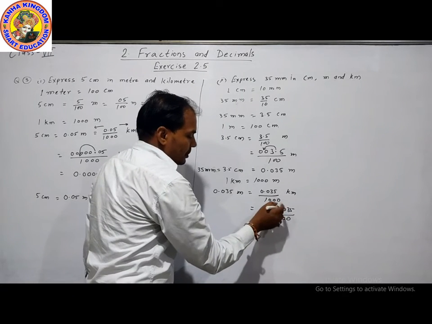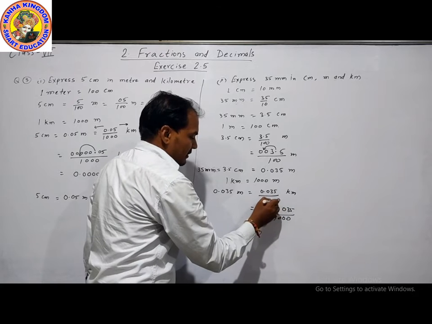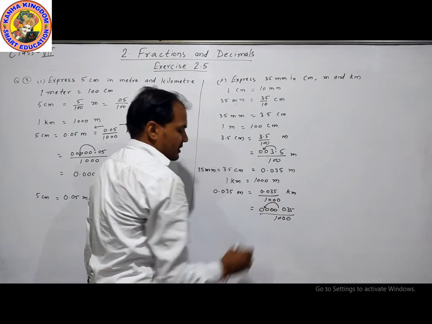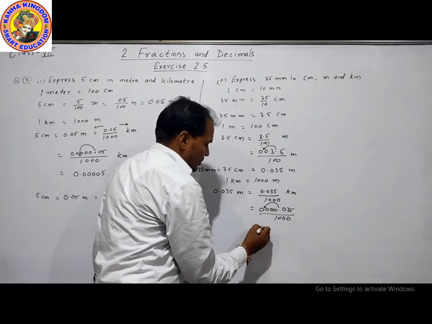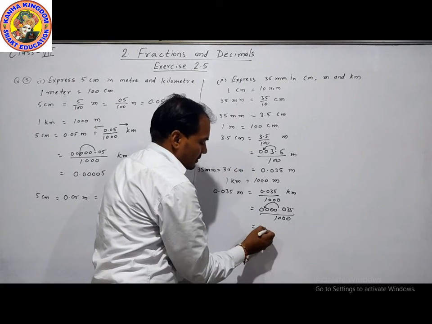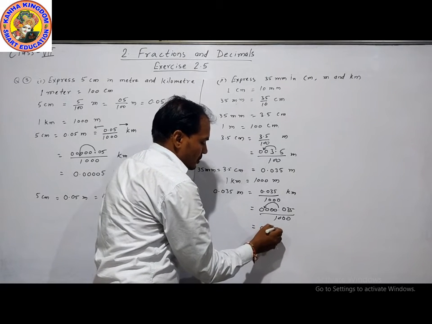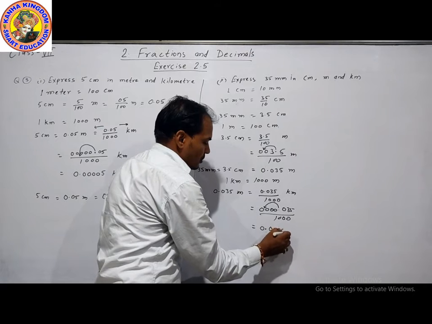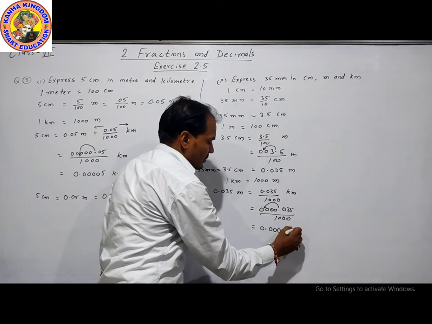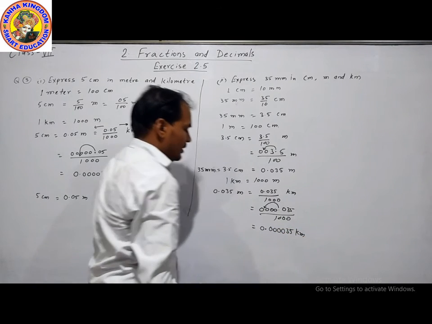There are 3 zeros, so the decimal point will shift by 3 digits. 0.000035 kilometer.